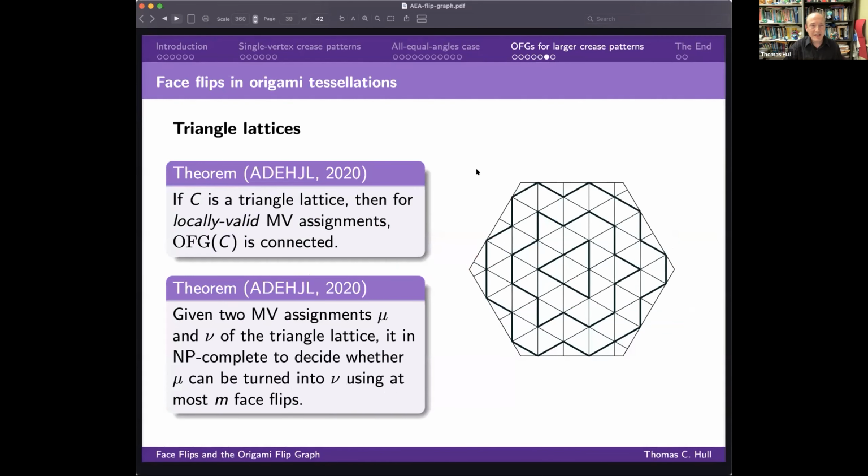The most interesting, the hardest case we looked at, were triangle lattices. Here it turns out that, again, if we restrict ourselves to locally valid mountain valley assignments, then yes, the origami flip graph is again connected, but it is much harder to find a minimum path between two valid mountain valley assignments.